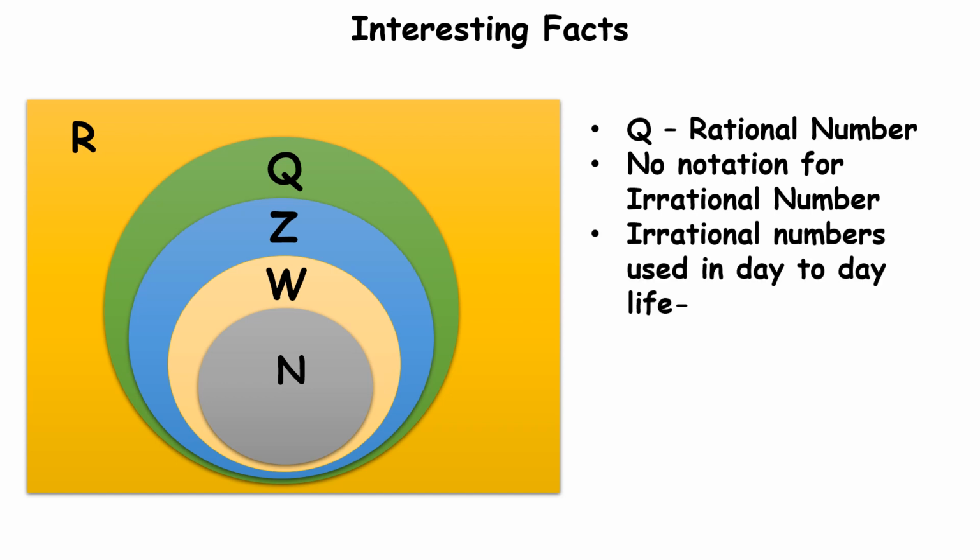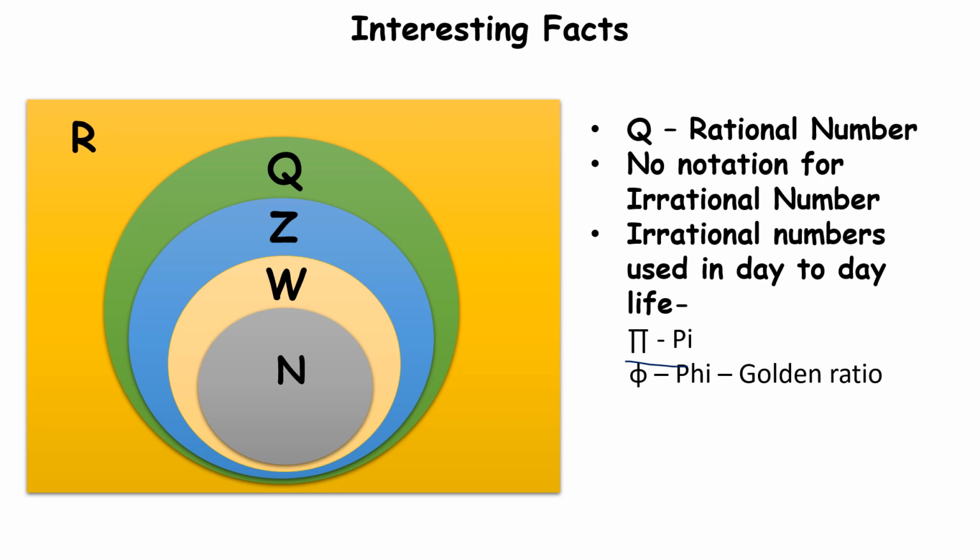Irrational numbers used in our day-to-day life: pi. Now you will say, where do we use this pi? Friends, the wheels of the vehicles you use are circular, right? So the circumference of that wheel, which is nothing but the distance traveled during each rotation, involves pi. Now phi, which is also called the golden ratio.